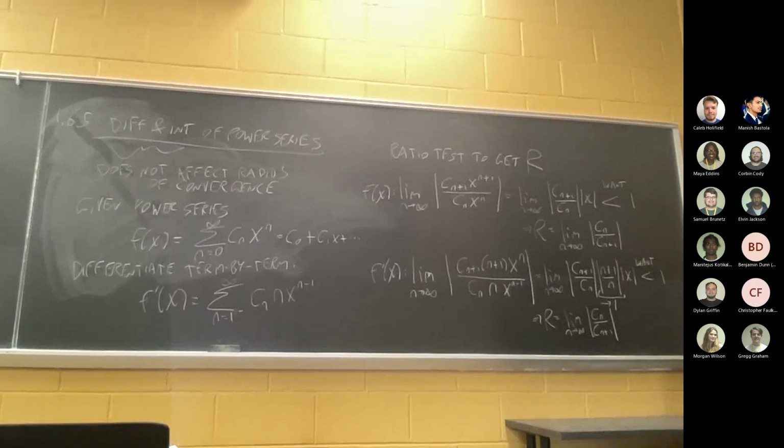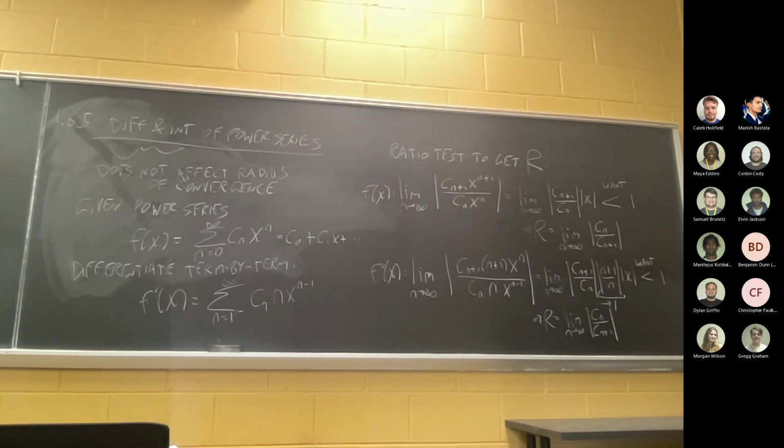So in the ratio test applied to f versus f prime, those two series, the only difference was this extra factor here for the derivative, and that converges to 1. So that's why the radius of convergence doesn't change.